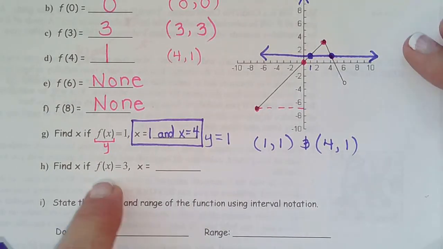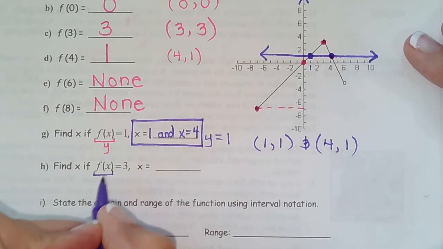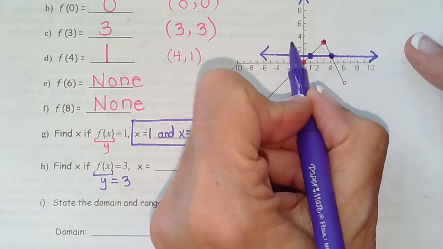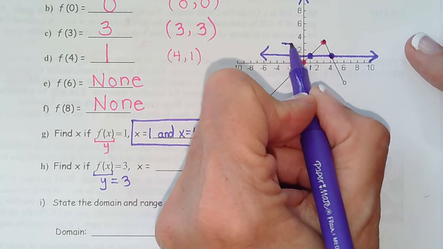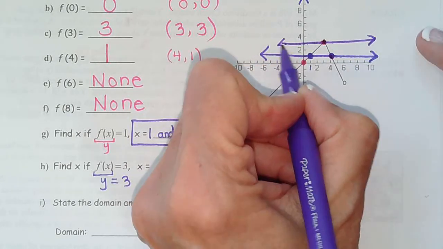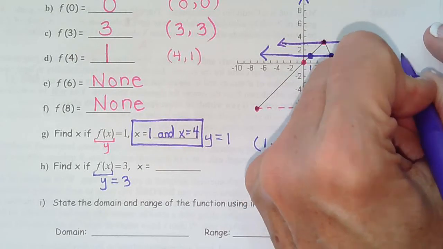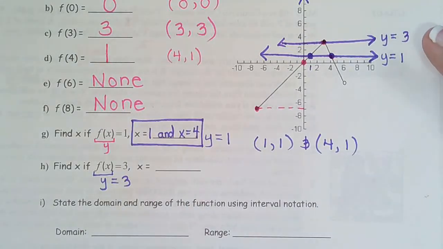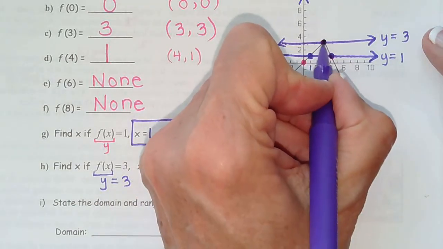So next we have Y equals 3. So let's do the same thing. Draw a horizontal line through 3. So this is Y equals 1, horizontal line. This is Y equals 3. I can see Y equals 3 only intersects the graph once.